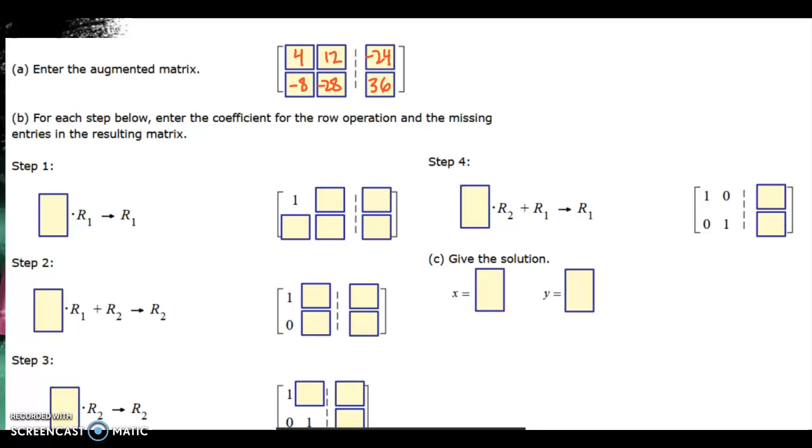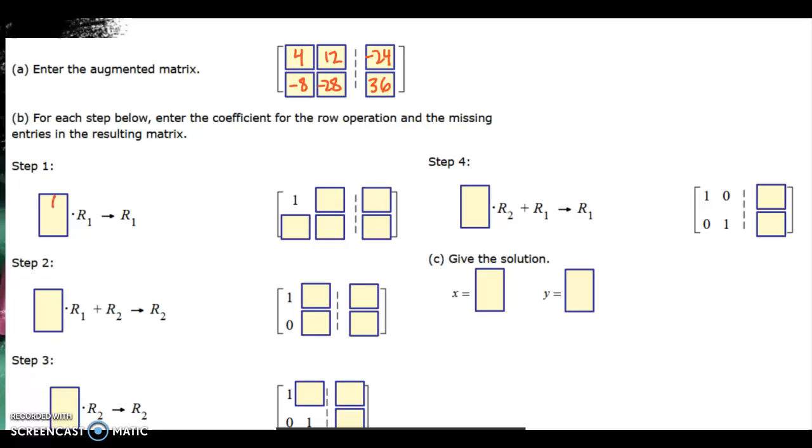So once we have our augmented matrix, then we need to fill in the information that's going to result in each step. So step 1 says what times row 1, and then we're going to replace that with row 1 is going to give us a 1 in this first row, first column spot.